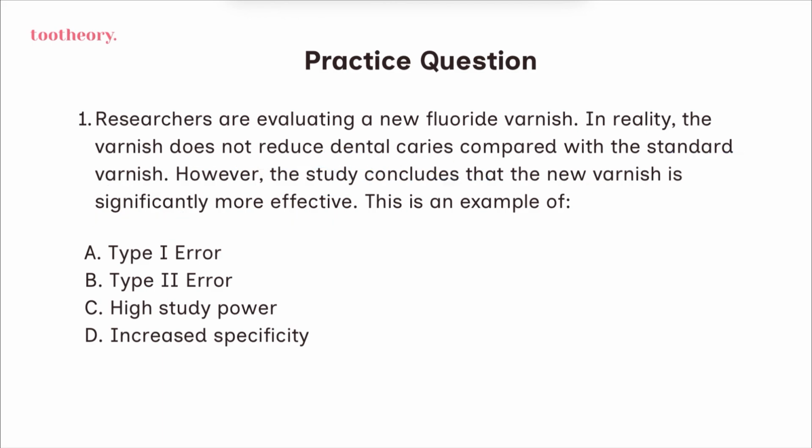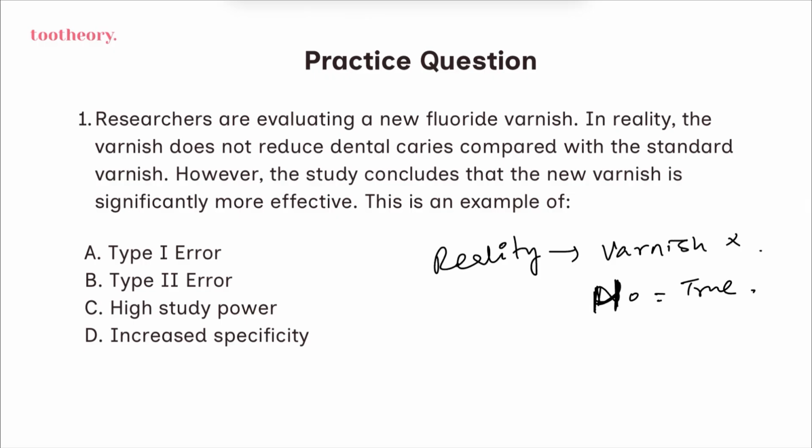So we basically need to ask two questions. What is the reality? In reality, the varnish does not work, right? That means the null hypothesis, or H0, is true, right? But what did our study tell us?